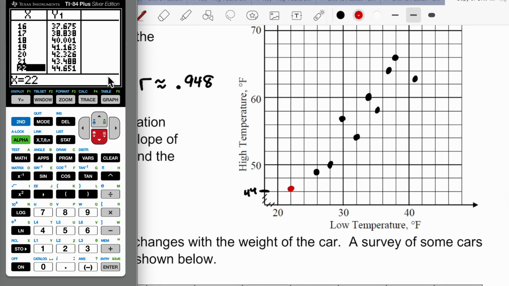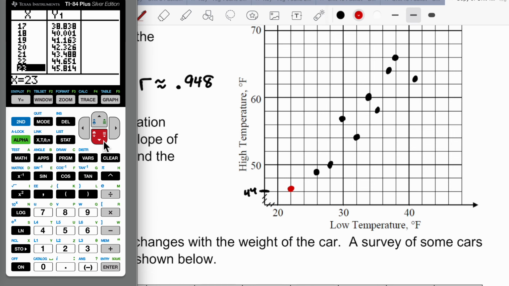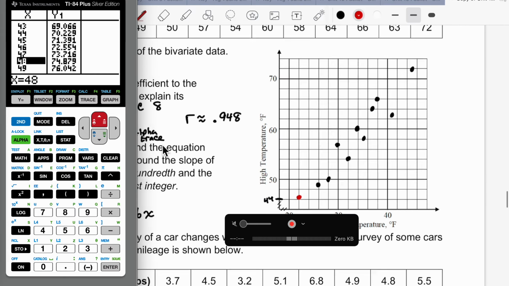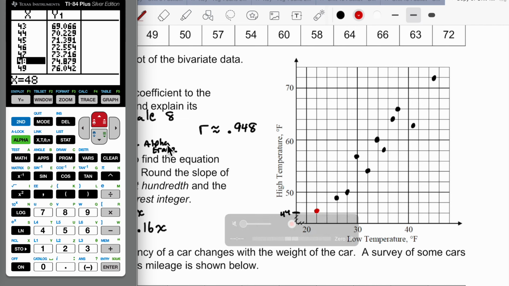So maybe I can get 48, because 42, 44, 46, 48. So I'll run down to 48. That's going to put me at a little over 74. Maybe that's a little too high.